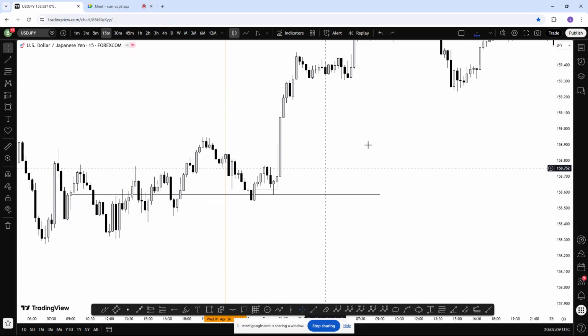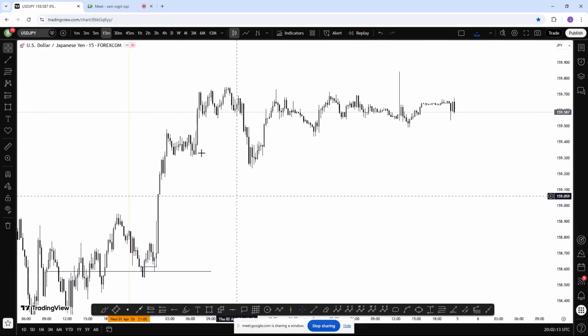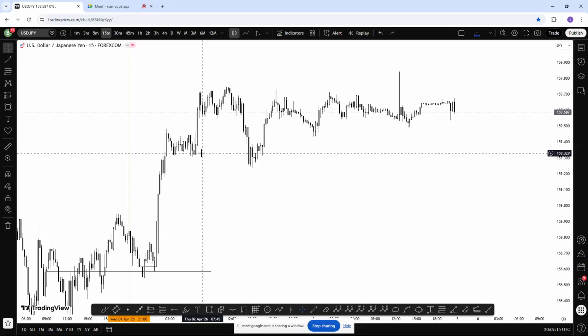So that's how you can trade the daily candle. I'm showing you the process. Stick to the process, I beg you, for all the time frames I'm showing you. First of all, choose the candle you want to trade.